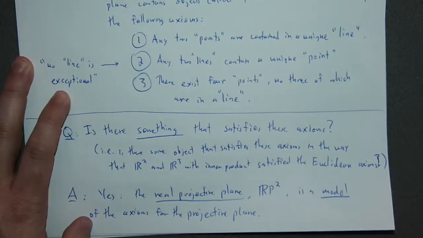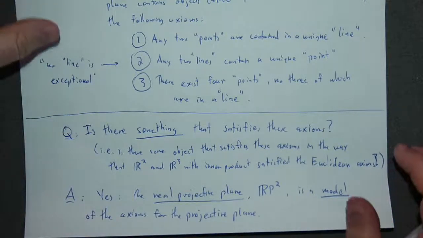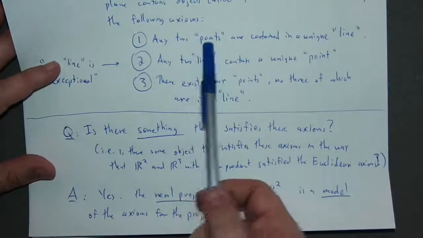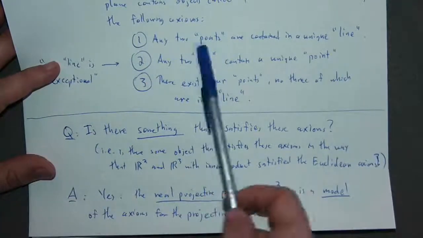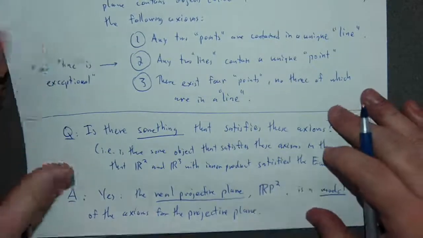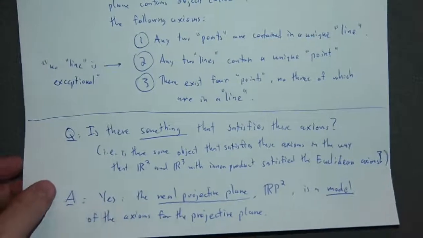It defines all of these quantities that for now have been in quotation marks, points, lines, and plane, and makes sense of these axioms. All right. So what is RP2?